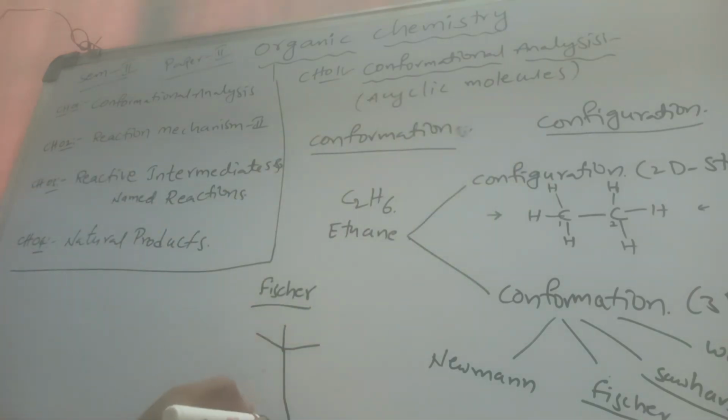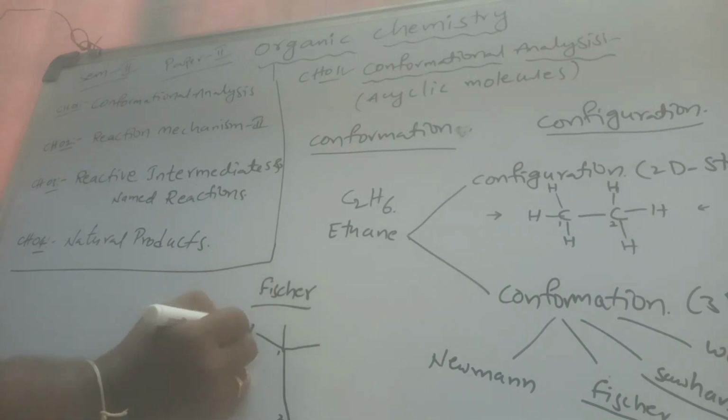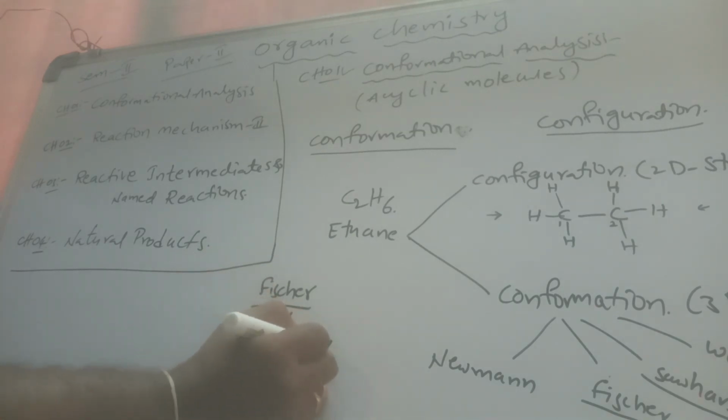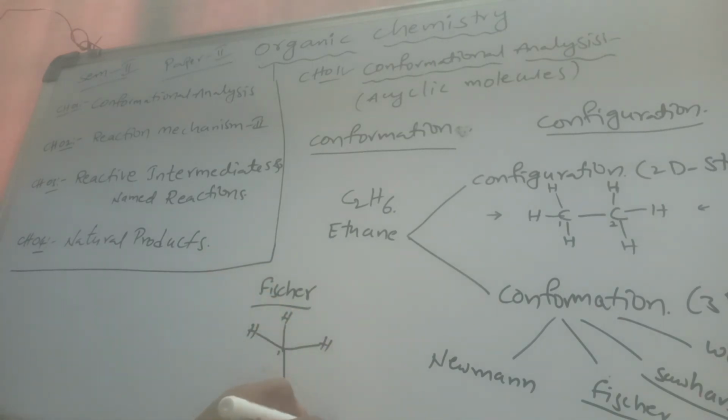These 3 bonds are visible the same as on the first carbon. So here this is 1 and this is 2. Each carbon carries the 3 hydrogens. This is the way of writing the Fischer projection formula.